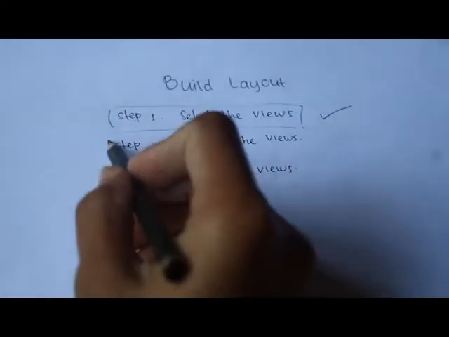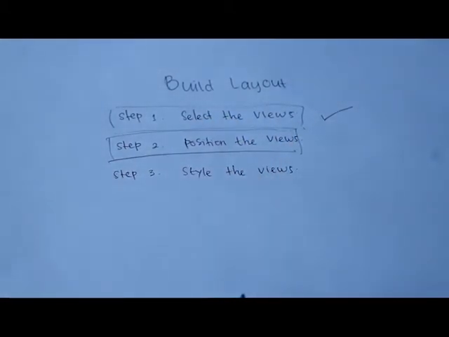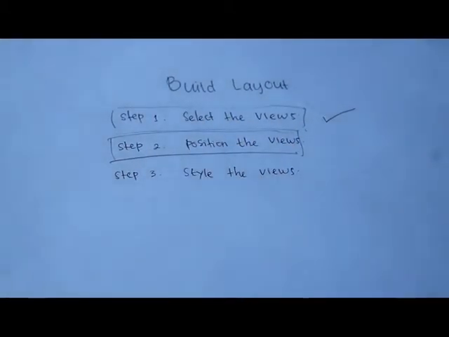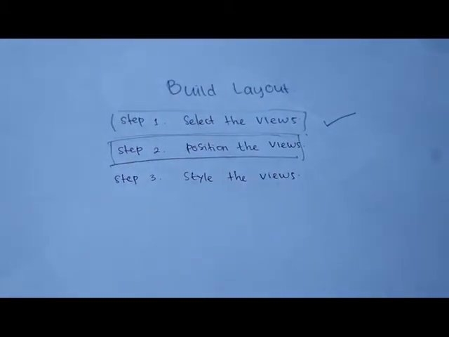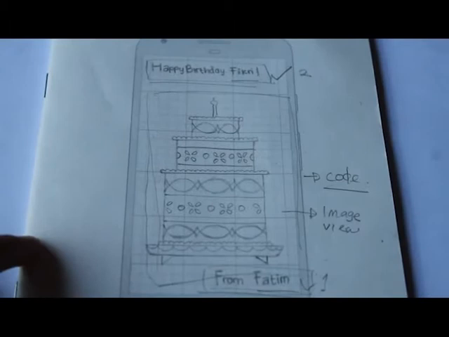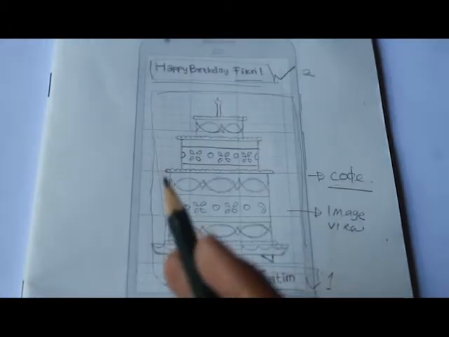Step 2. Position the views. Stick the views and position them on the screen. Basically, you do step 2 by choosing the correct view group and then selecting the correct position attributes. When we're thinking about positioning, the first question is what view group should we use?